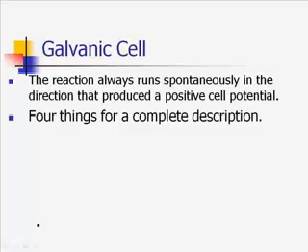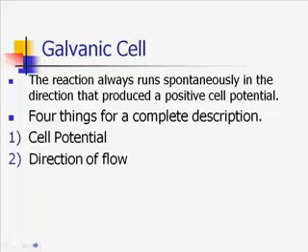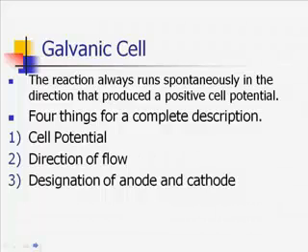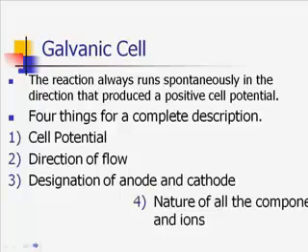Okay, in describing a galvanic cell, like if you were given a redox reaction and asked to describe the galvanic cell in which this would occur, there are 4 things that you need to include in that description. 1 is, what's the cell potential going to be? 2 is, show the direction of electron flow. 3, you need to designate which compartment is the anode and which is the cathode.